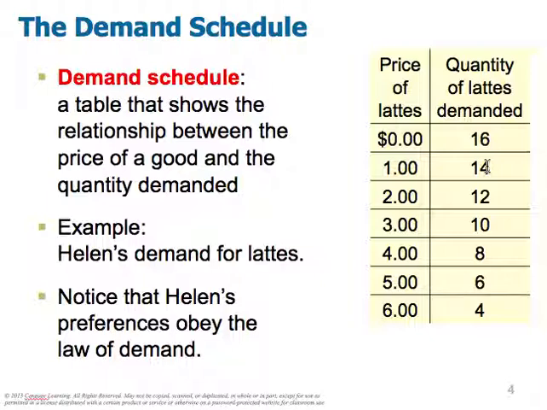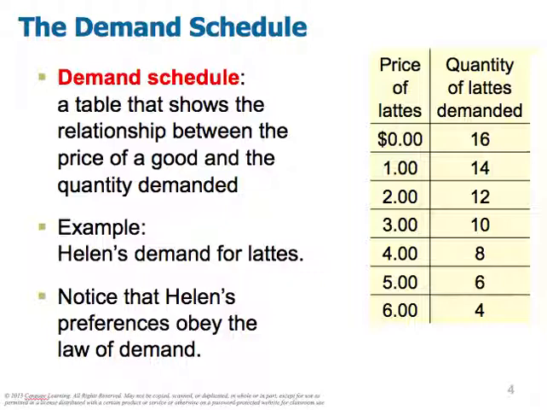We'll have a look at the difference later on, but for now just understand that when the price of lattes changes, the only thing that changes is the quantity of lattes demanded, not the demand for lattes. So this was an example of Helen's demand for lattes.